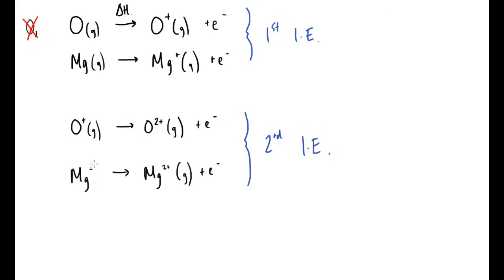Now you could be asked for the fourth ionization energy, for example, and I've come up with a fantastic way of remembering this, and that is that the number of the ionization energy they ask for will equate to the charge of the ion produced.